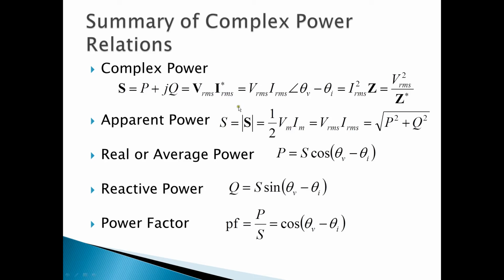The apparent power is the root of the sum of the squares of the real power and the reactive power. And it tells us the rate at which energy must be delivered to a system to deliver a specified amount of real or average power.